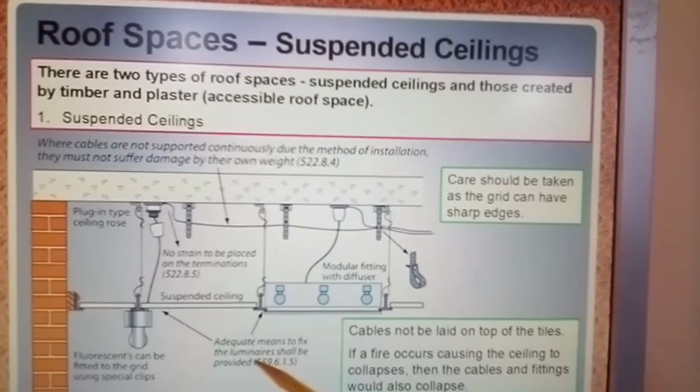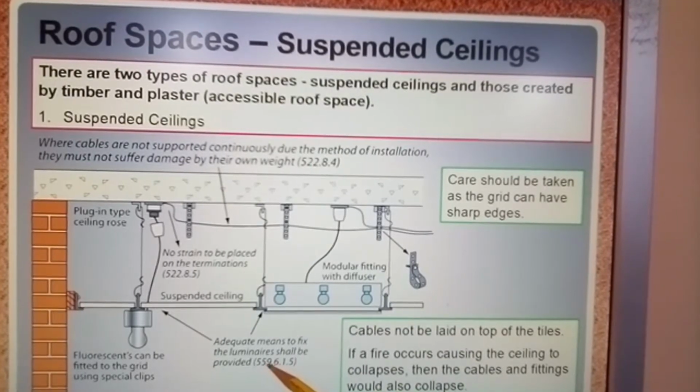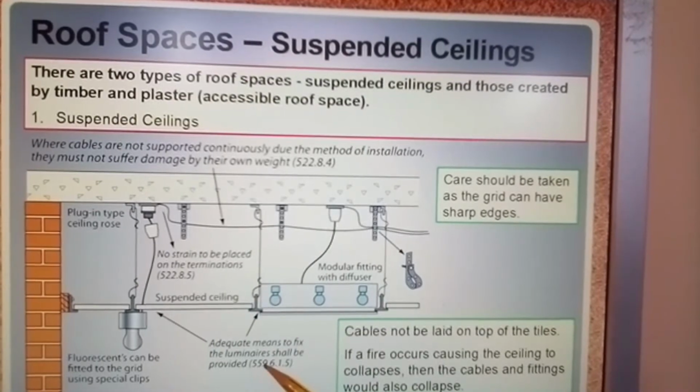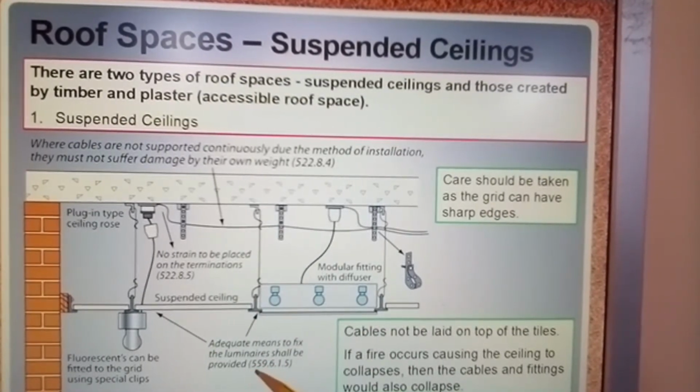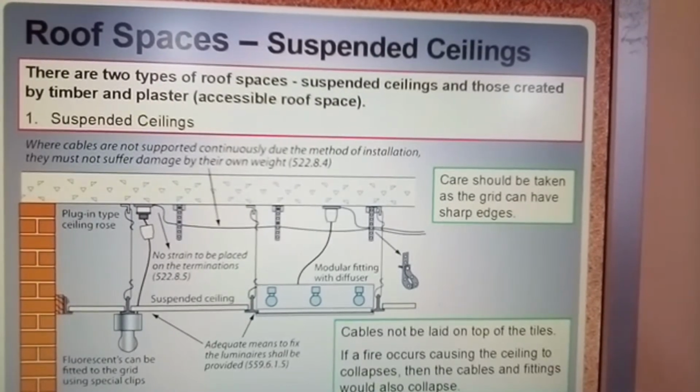And I haven't checked all of these to see if they're still compliant with the 18th edition, but I believe that those that I have seen have still referred to the relevant numbers, so I'm taking that as read. But it is up to you to make sure that you have complied with the IEE regulations as it stands. I cannot emphasize that enough.